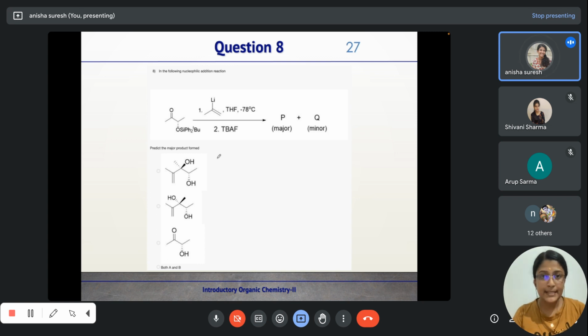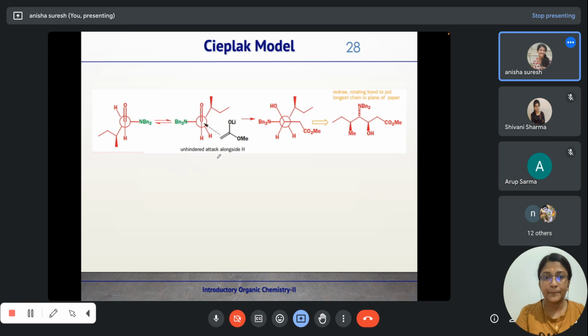We can go to the mechanism so it will be clear to understand. We have seen the Cram model in the last lecture, right? If there is a bulky group having an electronegative atom, it will come in a perpendicular direction to that of the carbonyl. Now the addition of the nucleophile will take place from this unhindered direction.